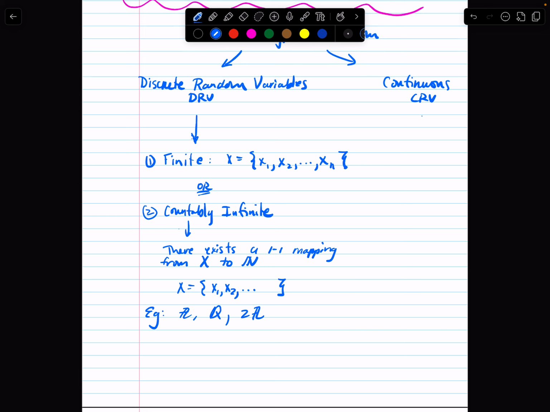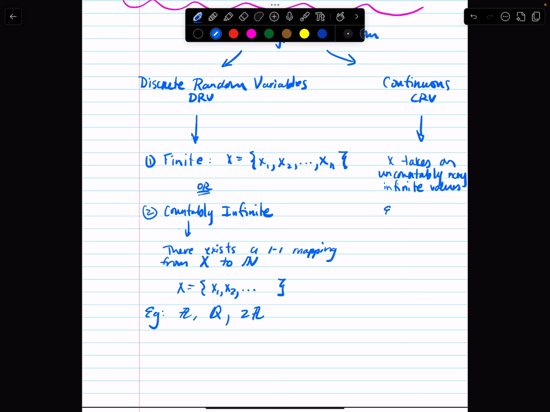So the continuous, sometimes it's easier to understand what the continuous is that's not discrete. And this is when x can take on uncountably many infinite values. So that means we could think of things that we can measure to any degree of accuracy.